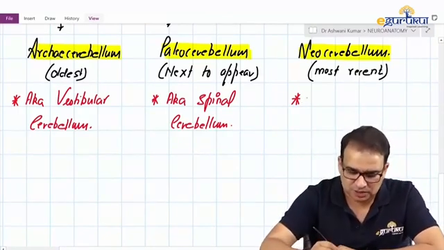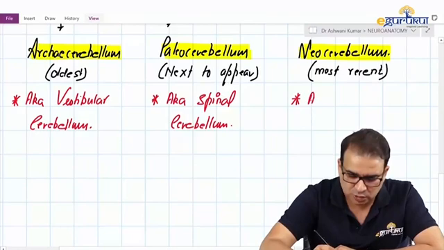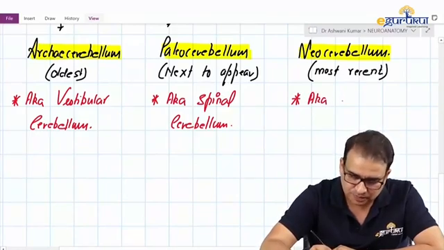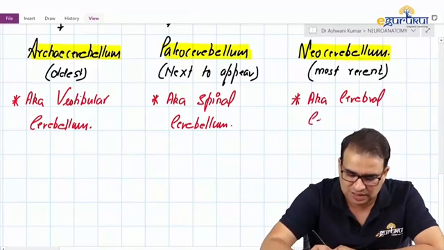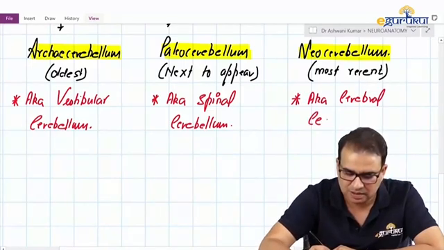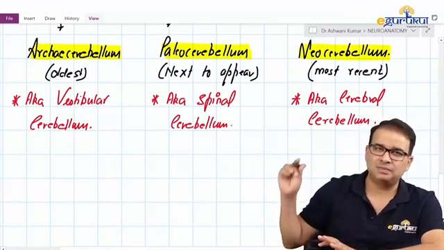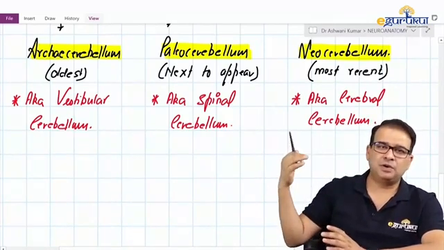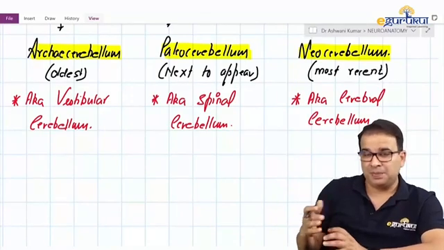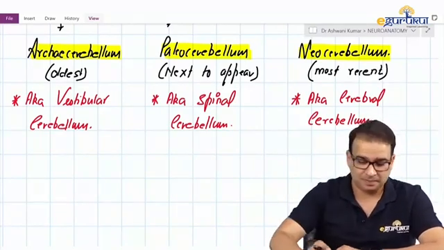That's why the neocerebellum is also known as the cerebral cerebellum, because it has a connection with the cerebral hemisphere. Vestibular cerebellum, spinal cerebellum, cerebral cerebellum: other names for archi, paleo, and neocerebellum, based on what part they are mainly connected to.